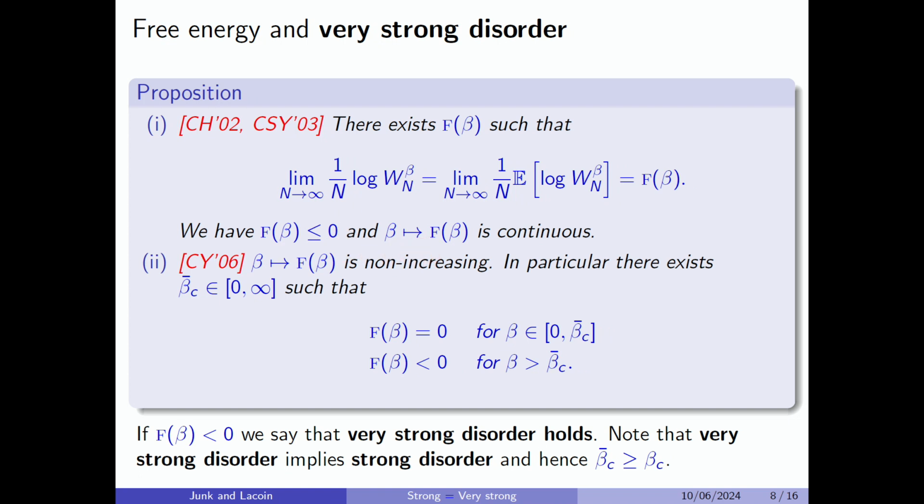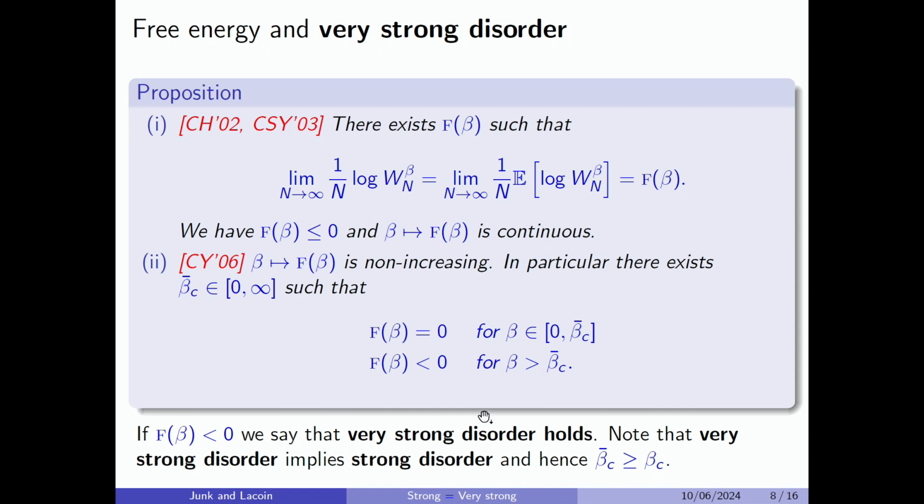And furthermore, it has been shown by Comets and Yoshida that it's non-increasing. So in particular, you have a second critical beta that I will call beta C bar, which separates a phase where the free energy is 0 from a phase where the free energy is negative.